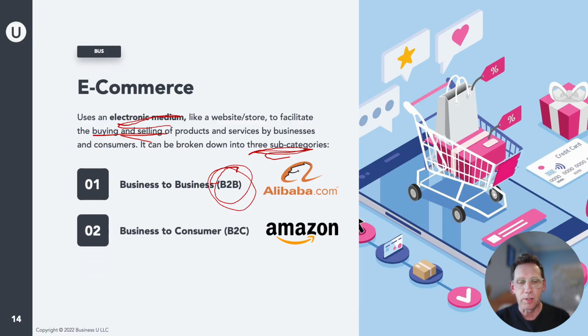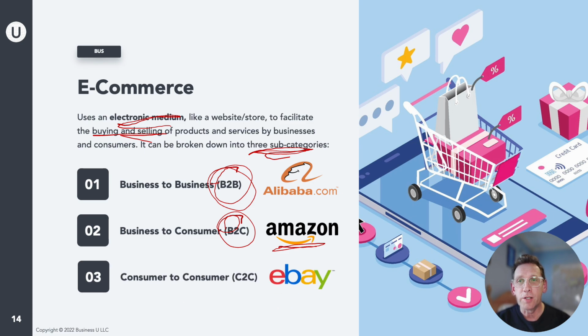Next is business to consumer or B2C, and Amazon is a good one. They're a business that sells directly to consumers. Finally, the third one is consumer to consumer or C2C. Etsy, eBay, those type of businesses who sell consumer to consumer. That's what those are examples of e-commerce C2C.